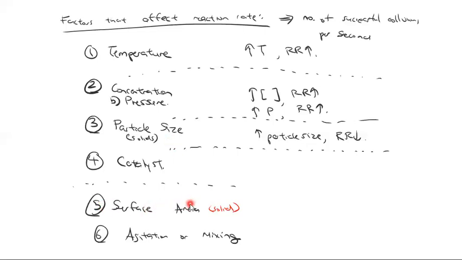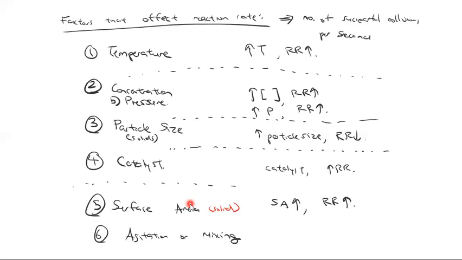Now, catalyst. If we have a catalyst, what happens to the reaction rate? Goes up. Correct. If we increase the surface area, what happens to the reaction rate? Any ideas? Goes down. Actually, it goes up.